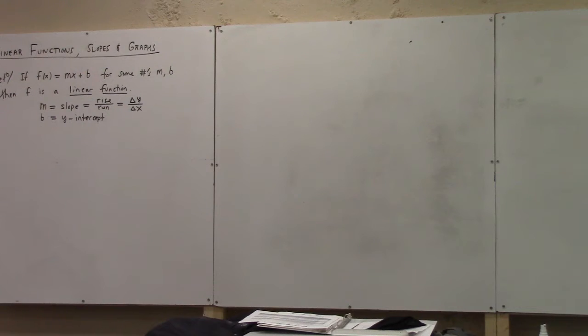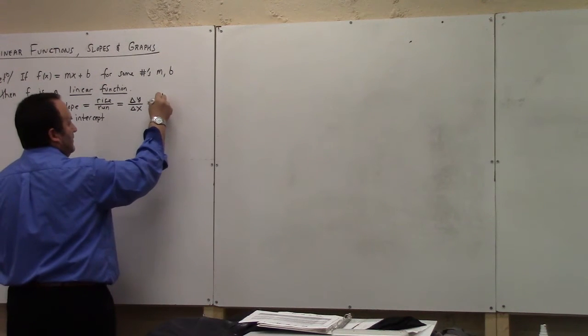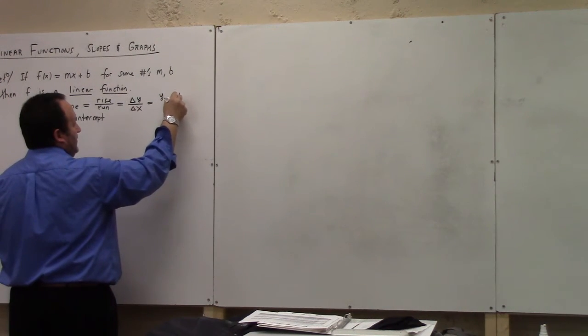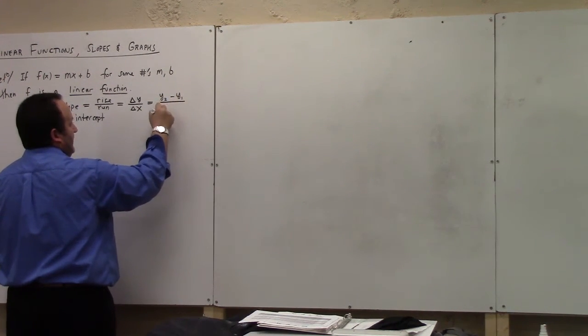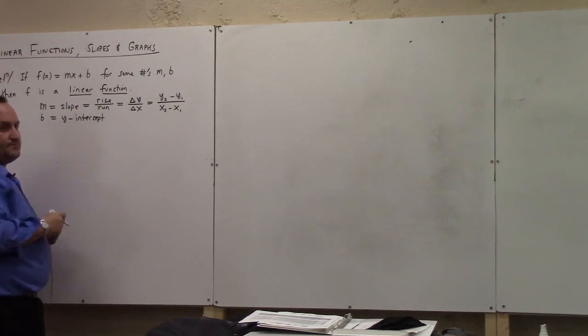And when I say change in y over change in x, what I mean is you could take y2 minus y1 and divide by x2 minus x1. That would give you the slope.